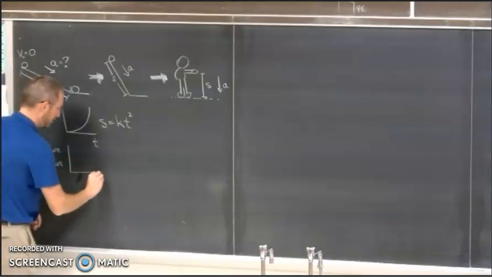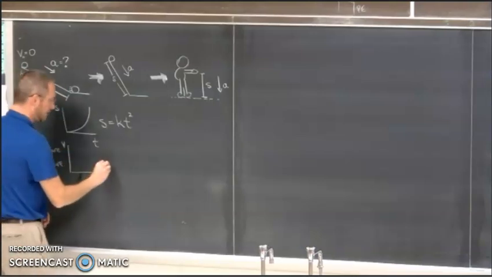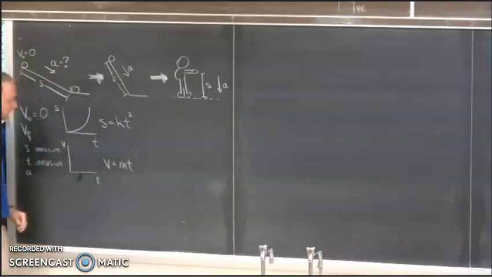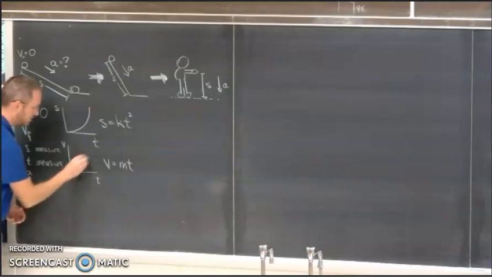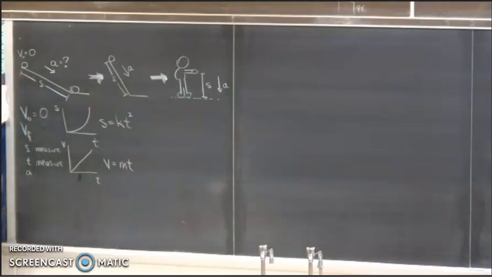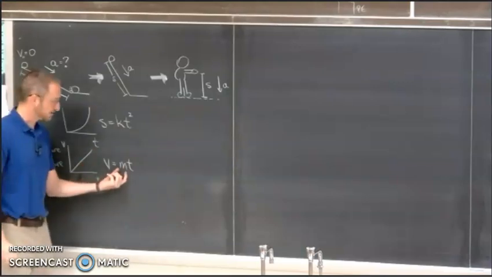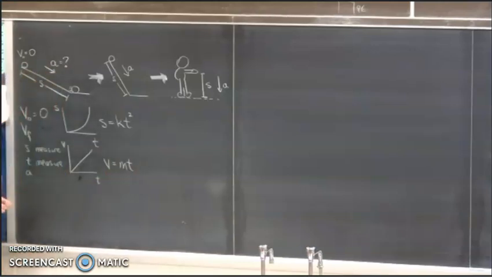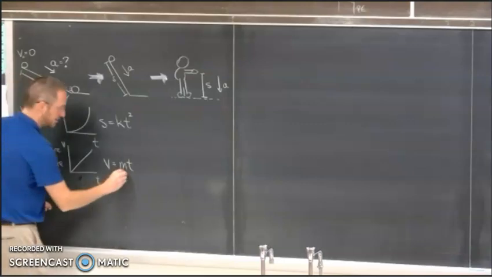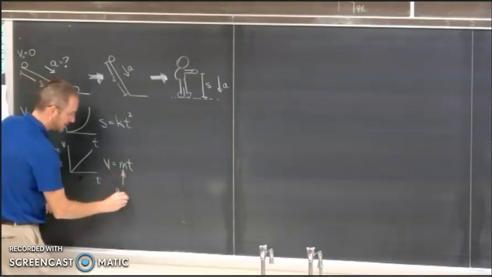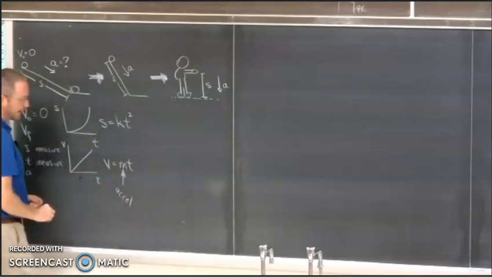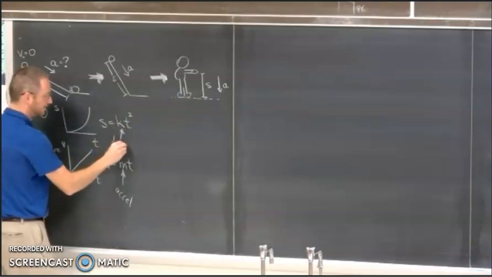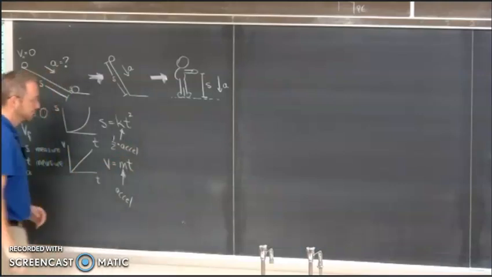And when we made our velocity versus time graph, we found that the velocity is linear, and that means the velocity is some constant, which we usually call the slope, times time. And what we found was that this slope is the acceleration. And what you may have noticed is that the constant in the displacement equation is 1/2 of the acceleration.